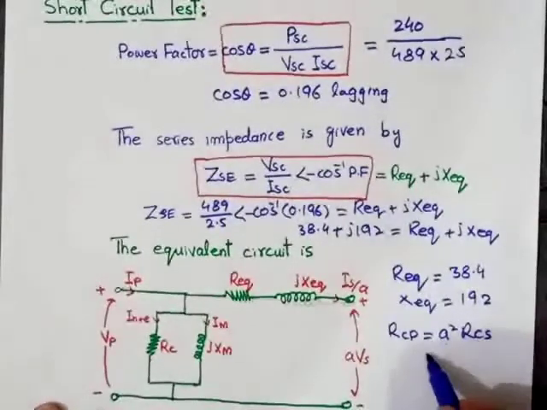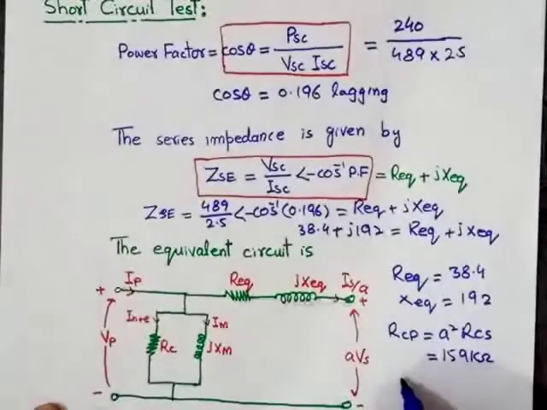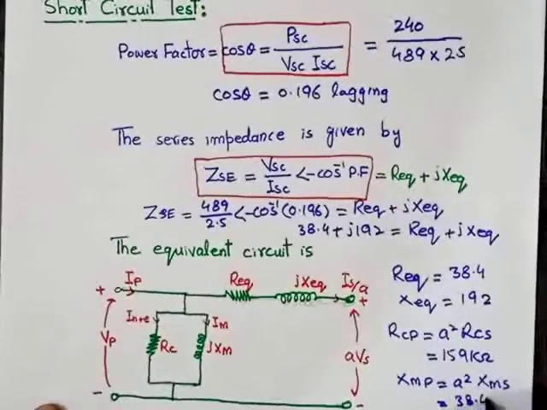After solving this equation, we get 159 kilo ohm. Similarly, XM primary will be equal to a square into XM secondary. After solving this equation, we get the value of XM equal to 38.4 kilo ohm.